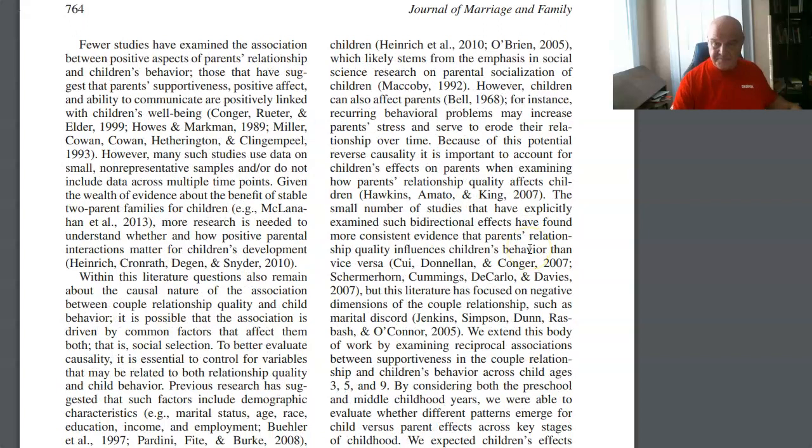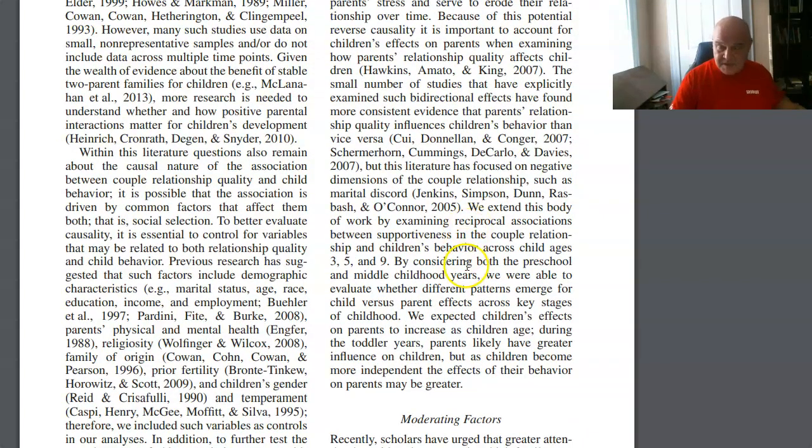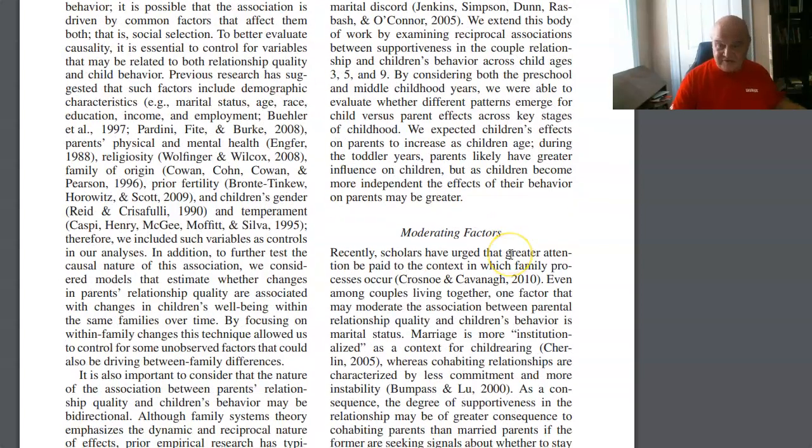Okay? Or children can also affect parents. For example, recurring behavioral problems may increase stress and serve to erode their relationship over time. If you have an incorrigible child, or a child maybe perhaps with a mental illness. Okay, so that's it. Okay, again, they're talking about negative relationship.